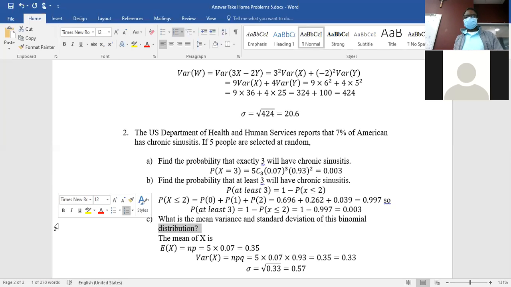Next question is, find the probability that at least 3 will have chronic sinusitis. At least 3. For at least 3, you can do either 3, 4, 5 or 0, 1, 2. It's essentially the same, but if you are using a calculator, it's better to do the cumulative distribution for 2.